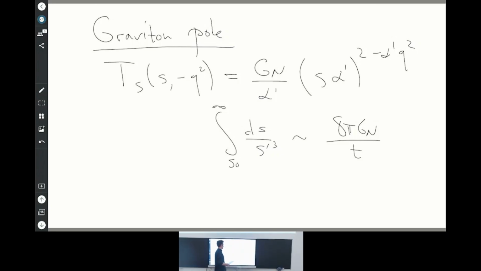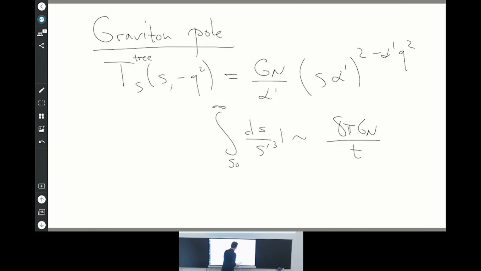So it looks like the tree-level amplitude also can reproduce the pole, whereas last time I told you I reproduced it from the eikonal. So what is the relationship between these two mechanisms? And the relationship is very simple.